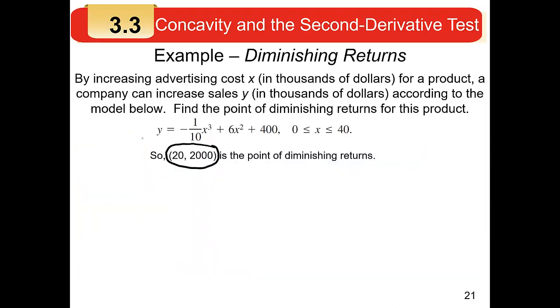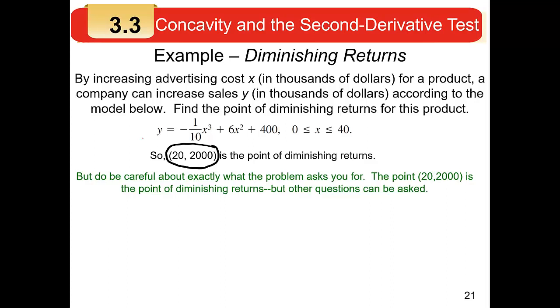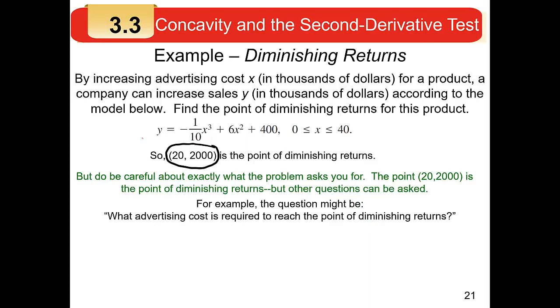Now, be careful when a problem involves diminishing returns, because sometimes they don't ask for just the point of diminishing returns. For instance, even though the point (20, 2,000) is the point of diminishing returns, they might ask, either instead of or in addition to that, what advertising cost is required to reach the point of diminishing returns?